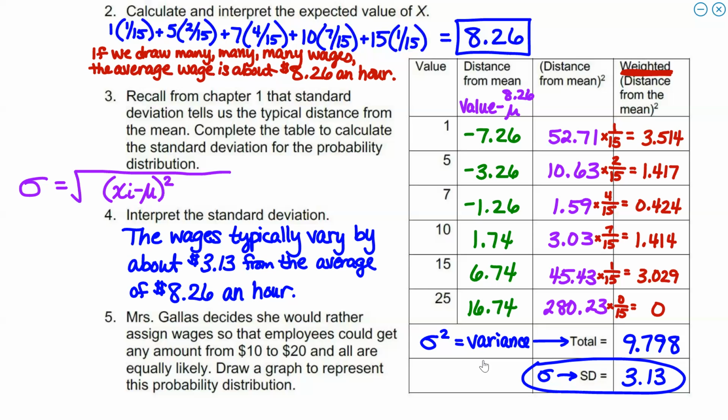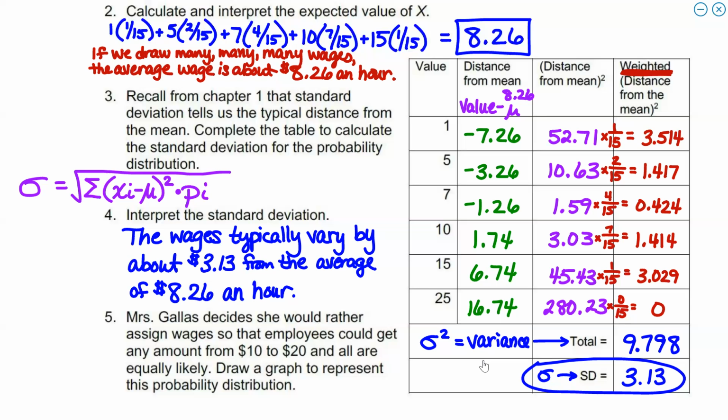So we took all of those values minus the expected value, we squared it, and then what did we do? We multiplied by the probability, by each individual probability. So I'm going to call that P, and then with that little i. And then what did I do with all of these numbers over here? We added them all up. So we use that weird E looking thing to say that we added them all up.